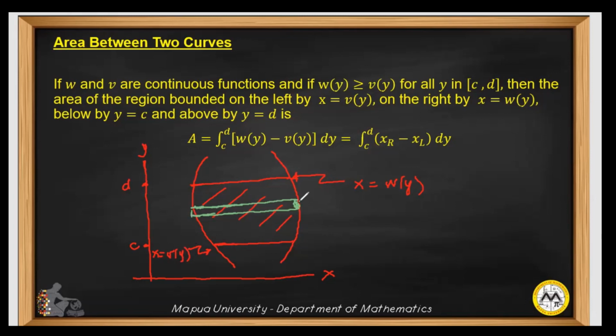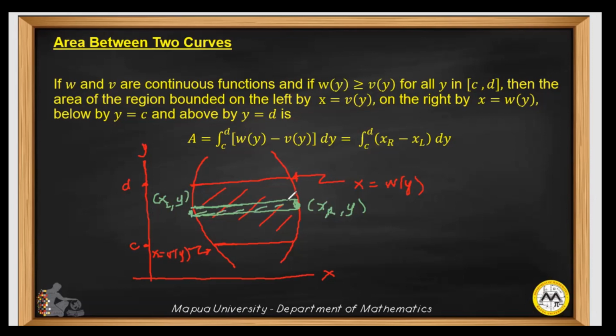So if we call this point on the curve a point whose coordinates are x sub r, y, x sub r is the distance of this point from the y-axis. Of course, y is the distance of the point from the x-axis. And let us call this point a point whose coordinates are x sub l, y, meaning the distance of this point from the y-axis is x sub l, and the distance of the point from the x-axis is y.